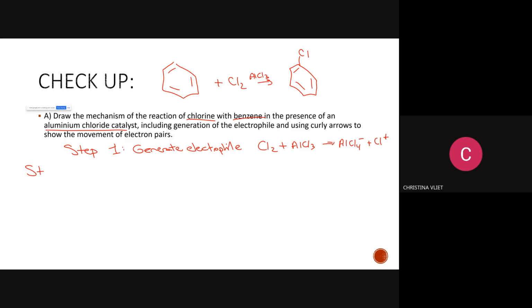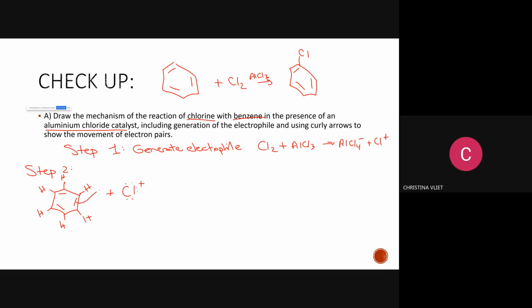Then step 2 is to do the actual reaction. We've got benzene. This time I'm going to show it with the 3 double bonds and all the hydrogens so you can see the octet rule and why the answer is what it is. Plus Cl+. This time I'm going to show one of the double bonds grabbing the chlorine to form a new bond, because right now it's like this, right?